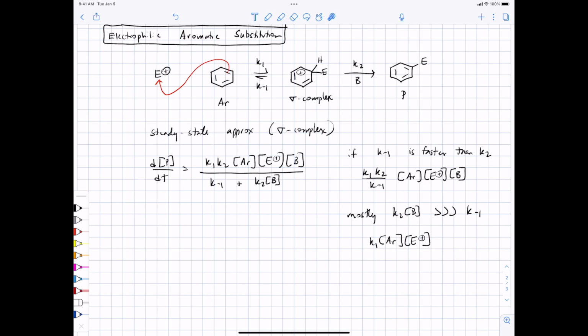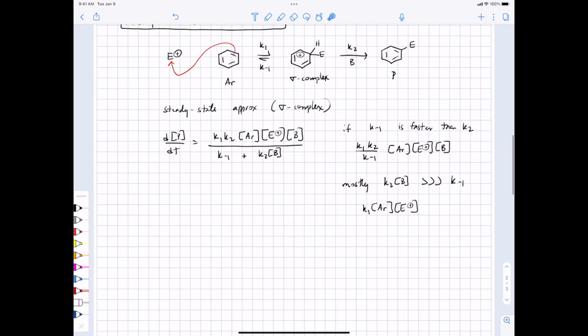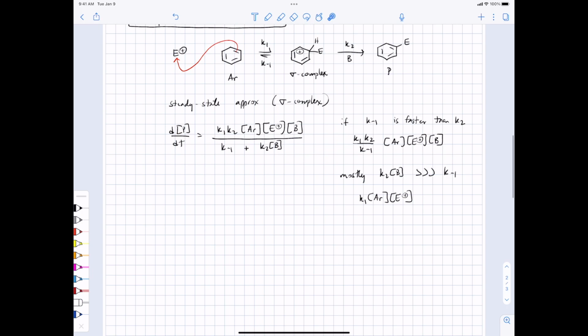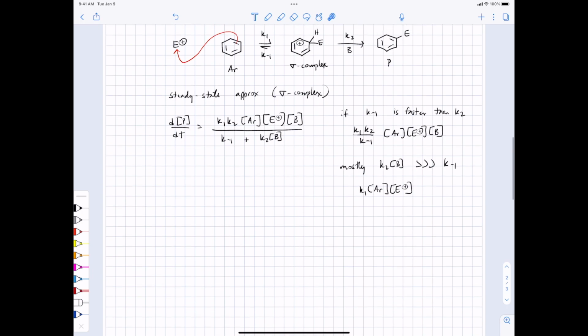A couple of things to consider about electrophilic aromatic substitutions. There is some thought that a pi complex may precede a sigma complex.